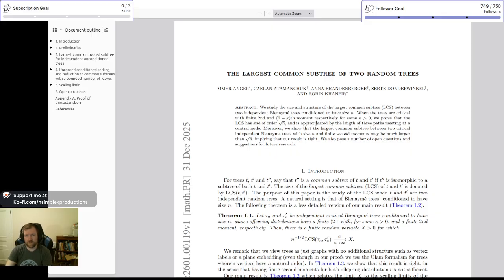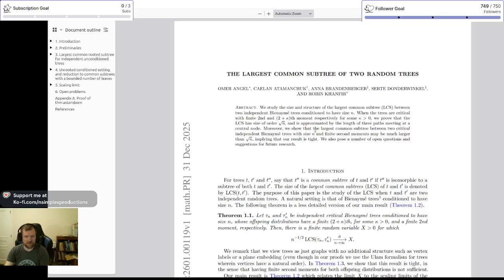When the trees are critical with finite second and 2 plus kappa-th moment, respectively, for some kappa greater than 0, we prove that the LCS has size of order root n and is approximated by a length of tree paths meeting at a central node.